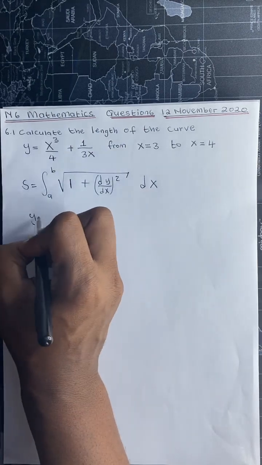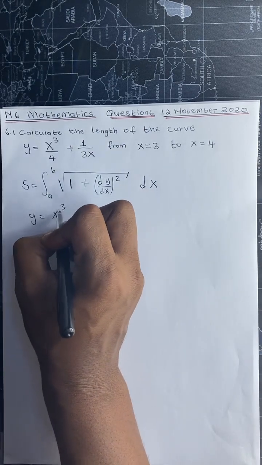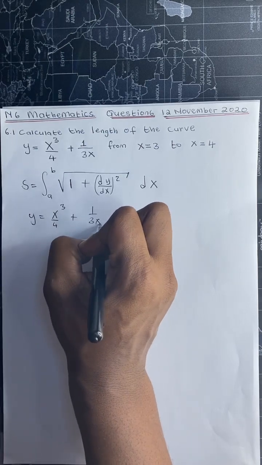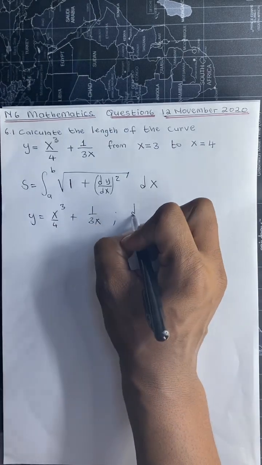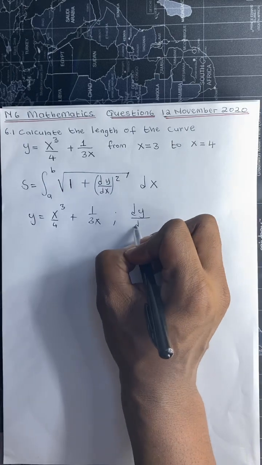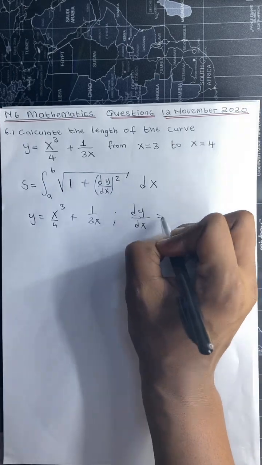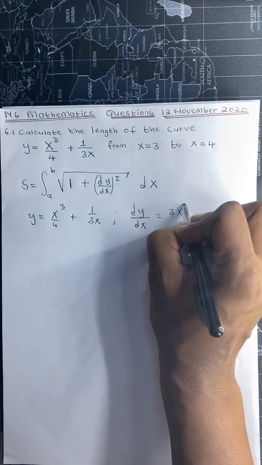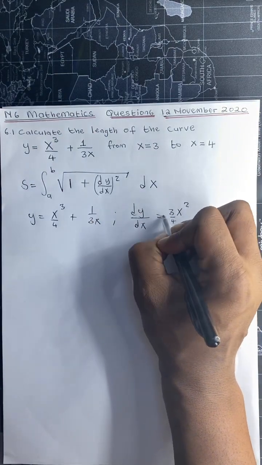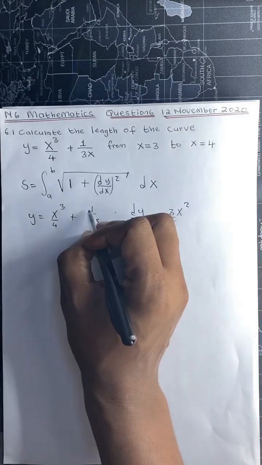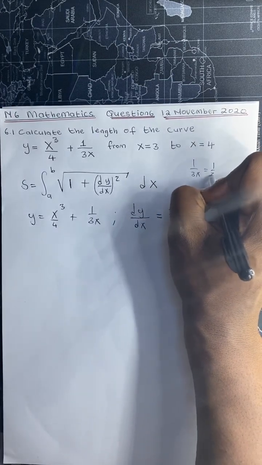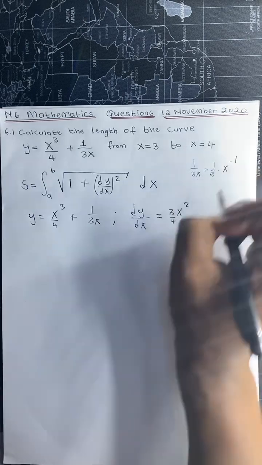So we have y equals x cubed over 4 plus 1 over 3x. So we differentiate y with respect to x. The derivative of x cubed over 4 will be equal to 3x squared over 4. And we can write 1 over 3x as 1 over 3 multiplied by x raised to the power negative 1.